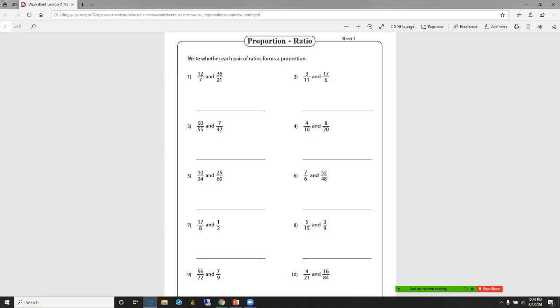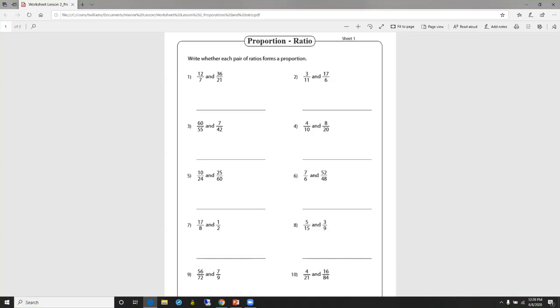Okay, now we can look at our worksheet. Proportion ratios. You're going to write whether each pair of these ratios forms a proportion or not. I'm going to work number 1 for you. But first, before I do that, on your worksheet, I want to find out, did everybody understand how to tell whether a problem is a proportion or is not a proportion?